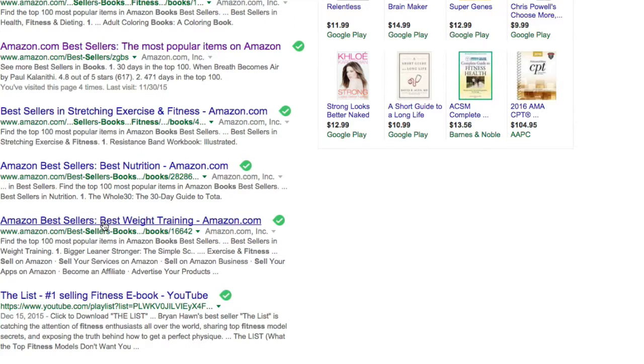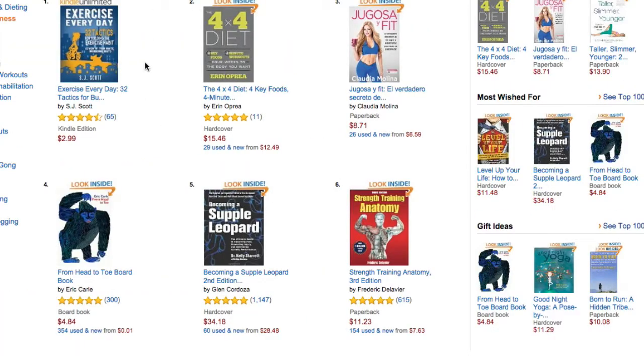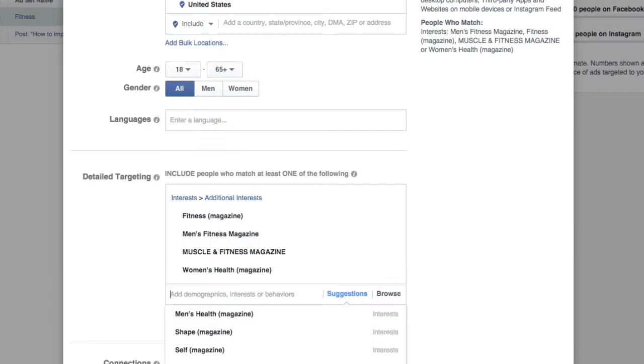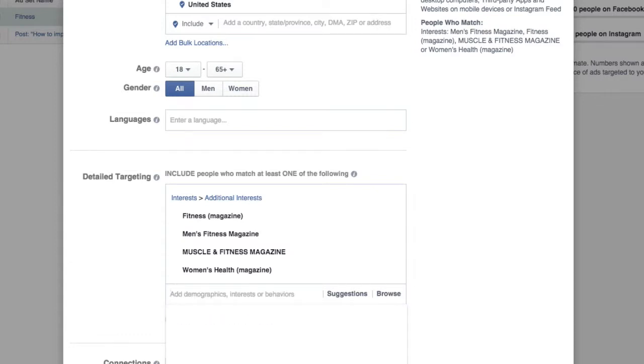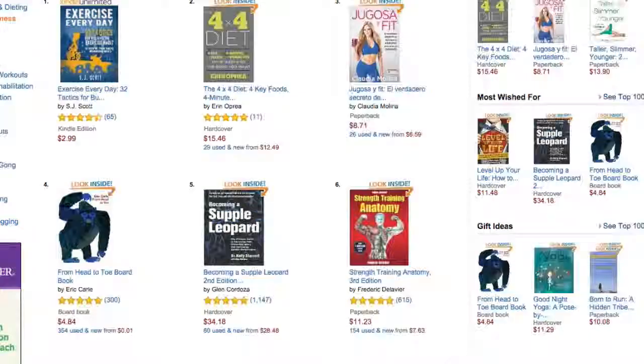Selling ebook, Amazon, and Amazon might be a decent place to look for that. Yoga's Fit, exercise every day, 4x4 diet. And let's just see out of curiosity. 4x4, oops. No, nothing there.